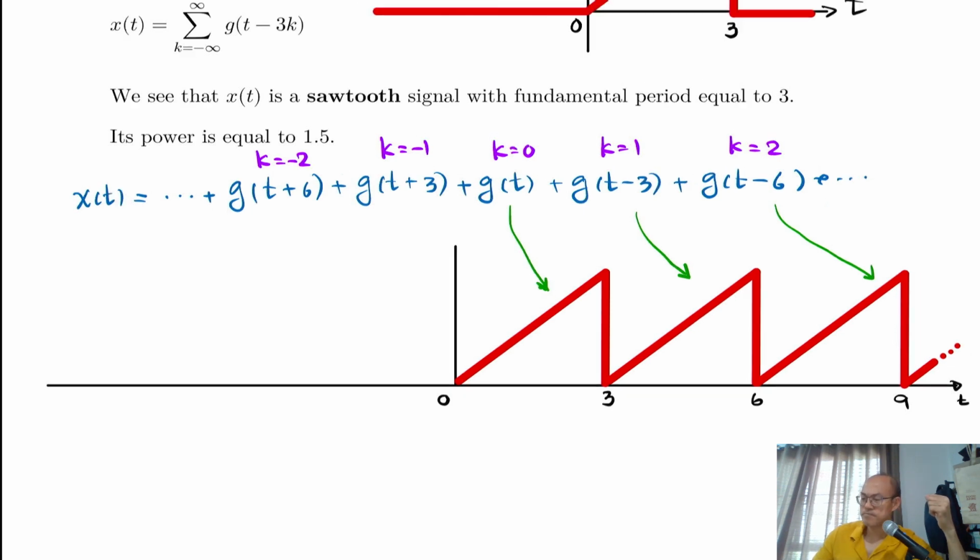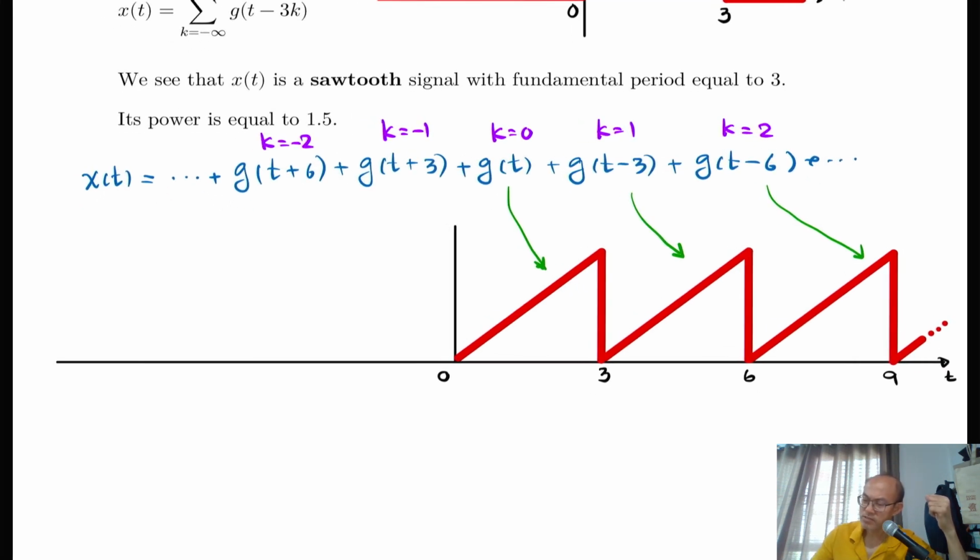And so on. Now, as for this one, we shift G to the left by 3 here. Okay, so we have this. Oh, sorry. We have this.